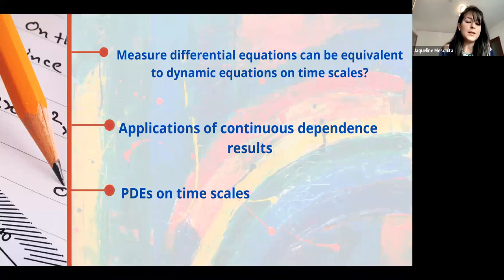Another way that would be very interesting to think about, and in that direction, I include work with Professor Pedro Ubiria and Professor Claudio Cuevas and Diogo Cecílio, in one work where we investigated elliptic partial differential equations on a specific time scale, that was hZ, and we investigated the solutions of this partial differential equation problem.